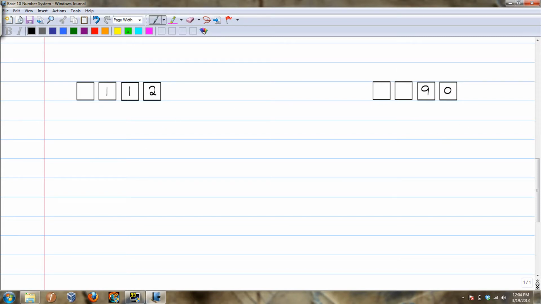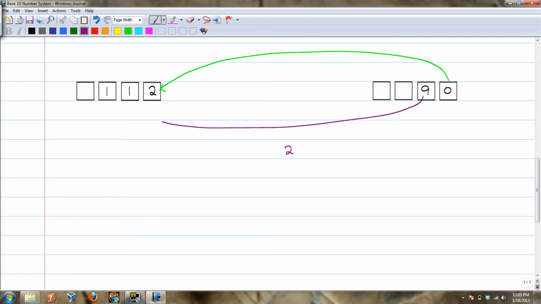Well, if we put all of our apples together, we're going to see that we have 0 apples and 2 apples, which gives us a total of 2 apples. We have 9 and 1 suitcases, which is 10 suitcases, but 10 is too many to hold. So we'll just put that in another car. So now we're going to have no suitcases left, and we had one car, and now we just made another car. So we have 2 cars full of apples and 2 left over for a total of 202 apples.